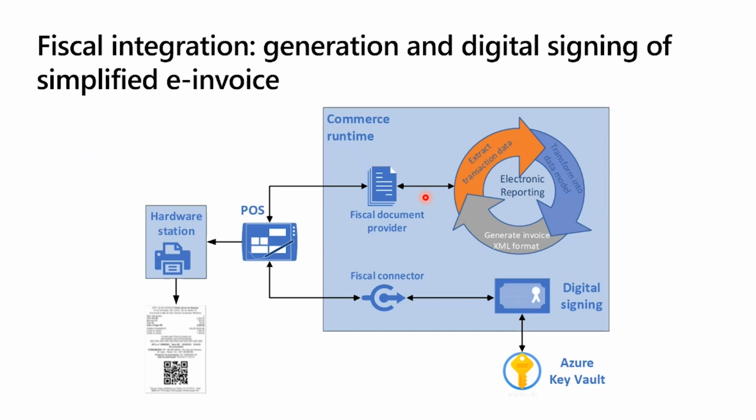So the fiscal integration functionality, or fiscal integration framework, as we call it, is a core commerce functionality that supports implementing various fiscal registration requirements that exist in many countries or regions worldwide, right?